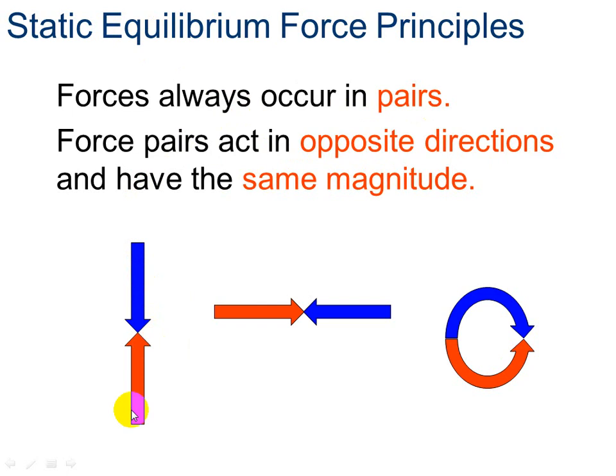The amount I'm pushing down is the same as I'm pushing up, and that's why nothing is moving. The amount I push to the right is the same as the amount I push to the left. That's why nothing is moving. And then for moments, let's not forget moments. For the rotational, the amount that's causing it to rotate clockwise, we have the same amount rotating counterclockwise, and that's why you don't see any rotation.